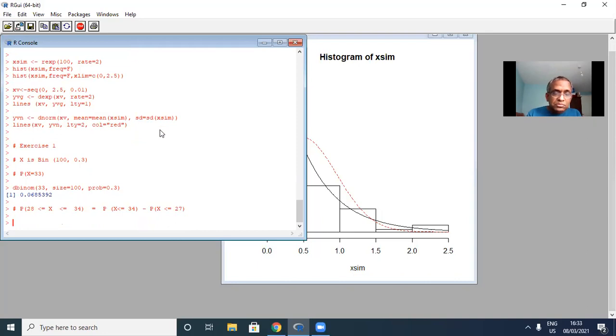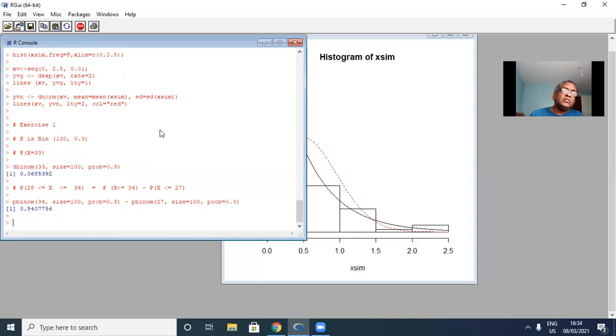So to compute this, you will use the command pbinom 34 size equal to 100, prob equal to 0.3 minus pbinom 27 size equal to 100, prob equal to 0.3. So this is the second part of the question.